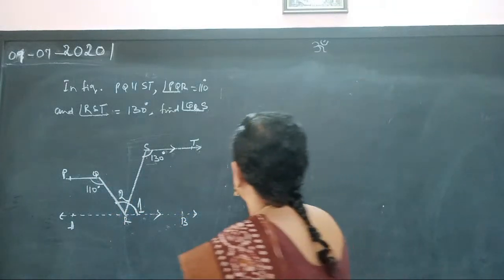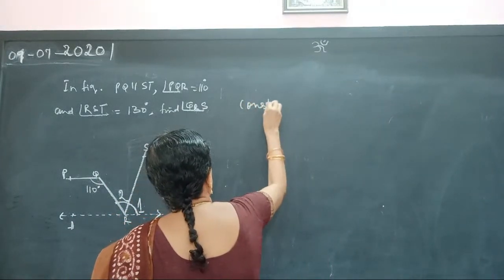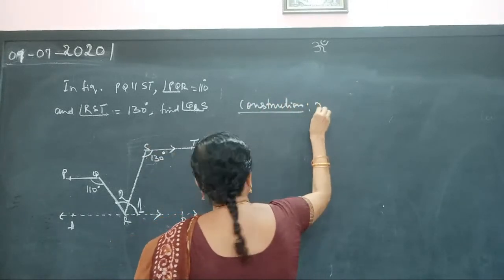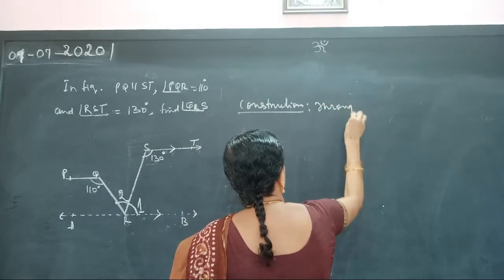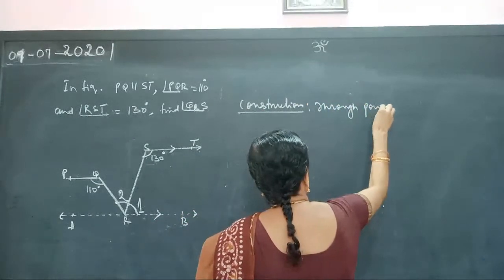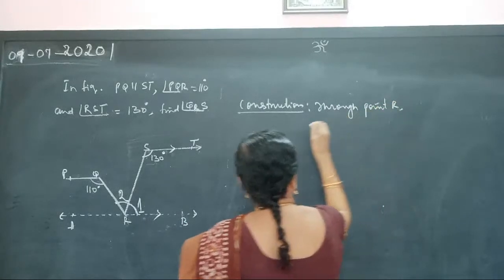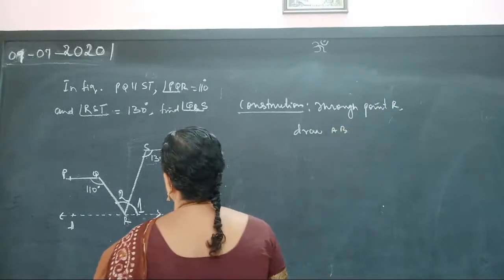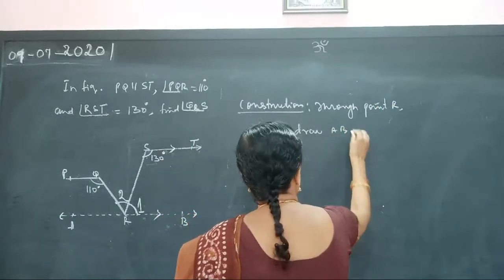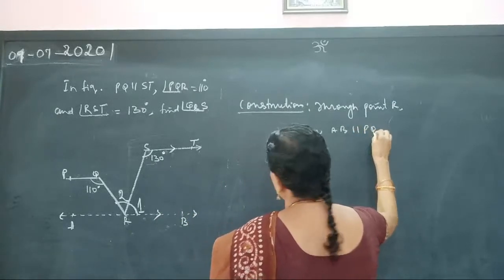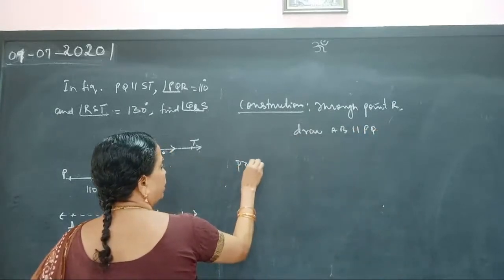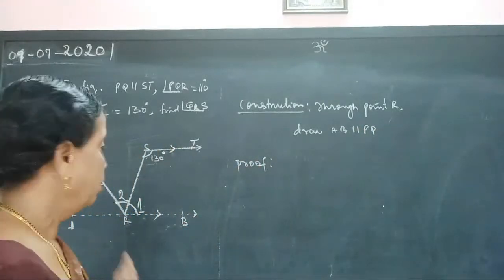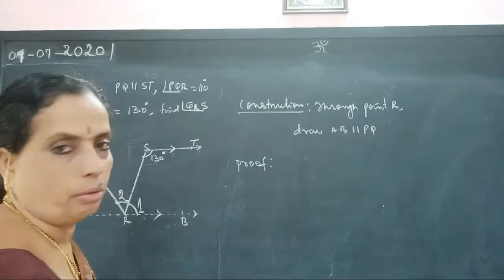Now you write the heading: construction. Through point R, draw AB parallel to PQ. Now the proof part. So we did the construction by drawing a line parallel to PQ.